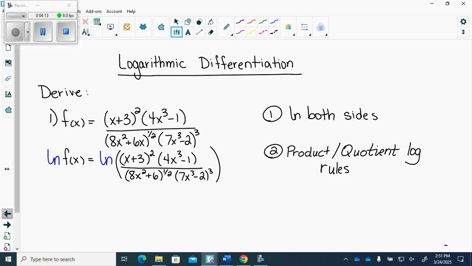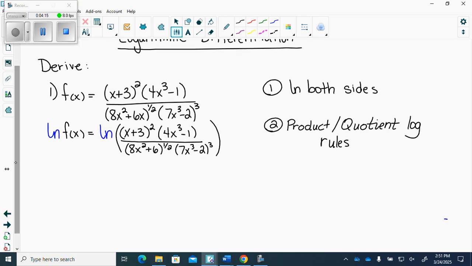This is a ln. So what are we going to do? This ln f of x is going to stay ln f of x.